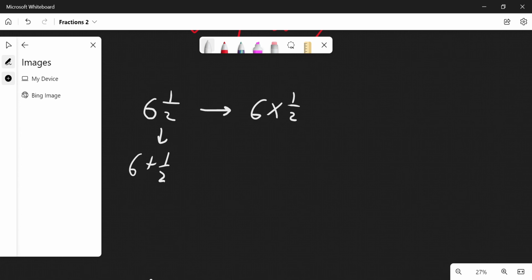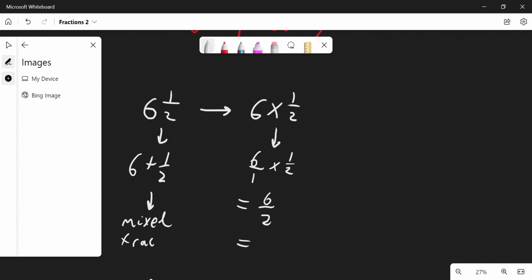This is a mixed fraction. And 6 times 1 over 2 is a multiplication sum. You're going to have 6 over 1 times 1 over 2, which gives you 6 times 1 is 6 over 2, 1 times 2 is 2, and that gives you 3. These are two very different sums, and do not mix them up.